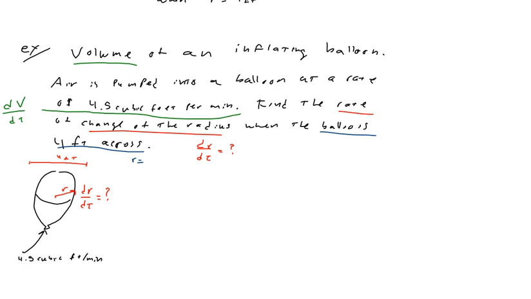Well, 4 feet across is the diameter. Radius is half of the diameter, so the radius is 2. So you're breaking down this situation. You get the change in volume over time, what you're pumping into the balloon, 4.5 cubic feet per minute.